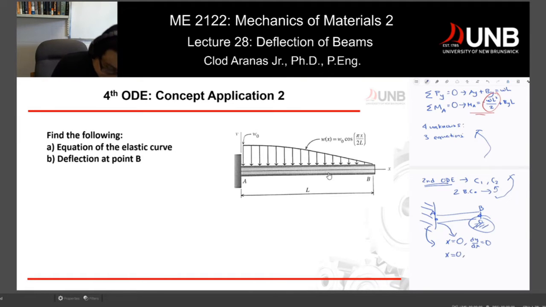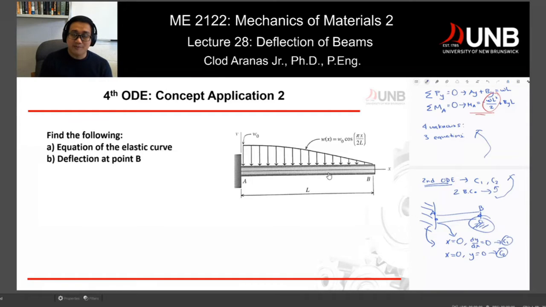At x equal to 0, your y is equal to 0, because it's fixed at point A. We use these two boundary conditions with the second order differential equation because we only have C1 and C2. So you can solve for C1, and solve for C2, and then you're ready to go.